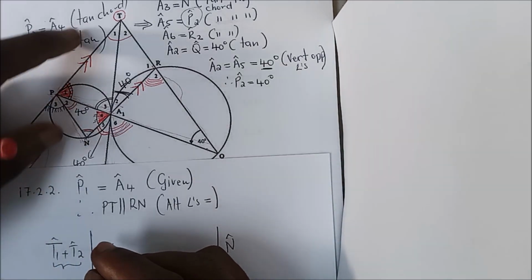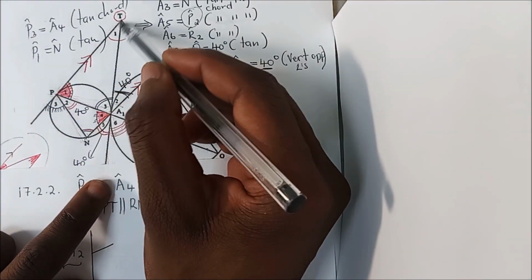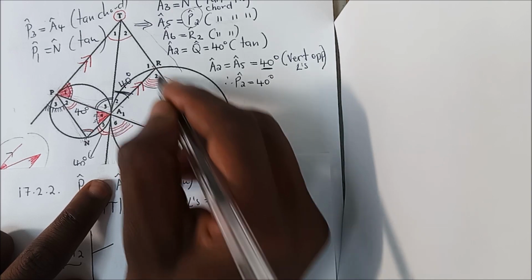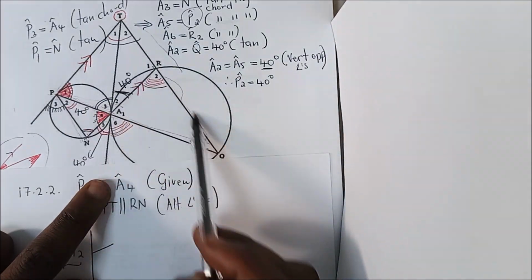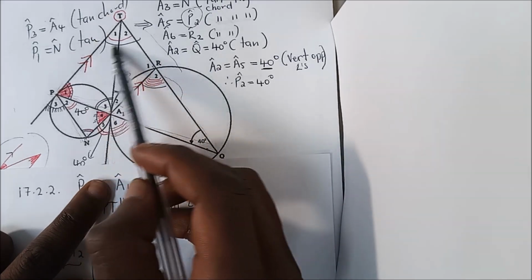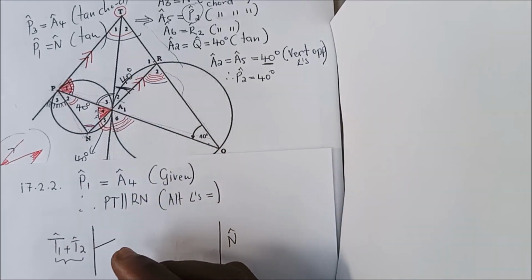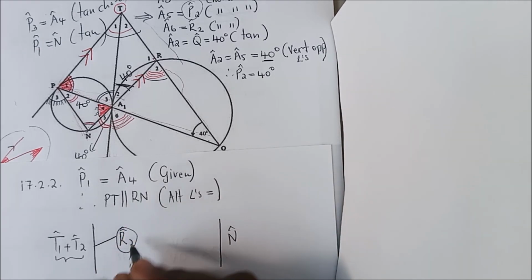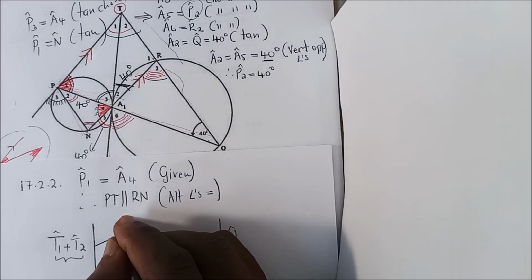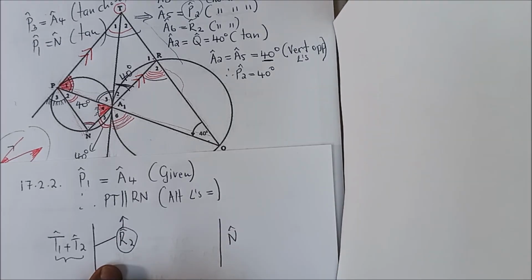Since we know that these two lines are parallel, can you see that F there? So that means T1 plus T2 will be equal to R2. So now with river method, do you have a reason? Yes, we have a reason. The reason will be corresponding angles.